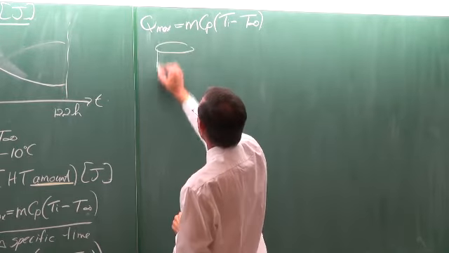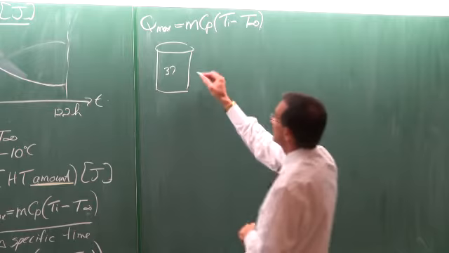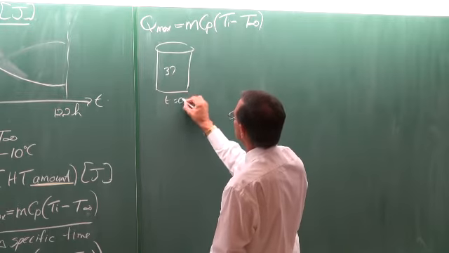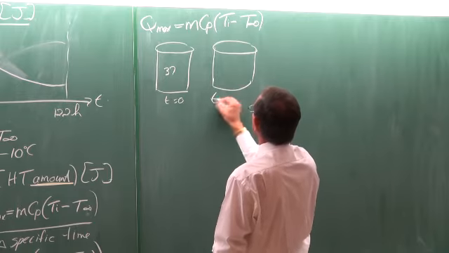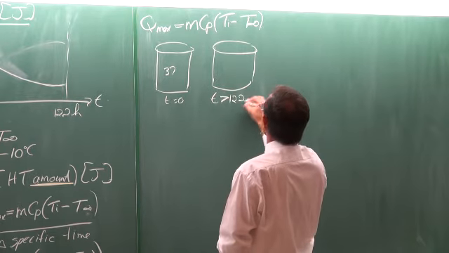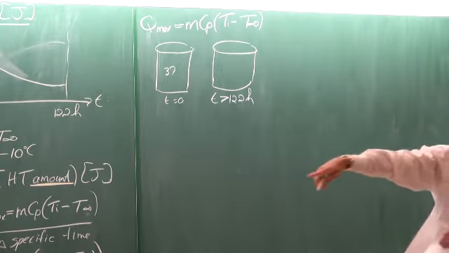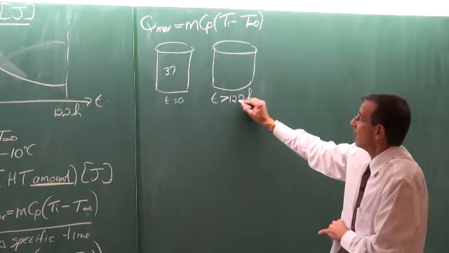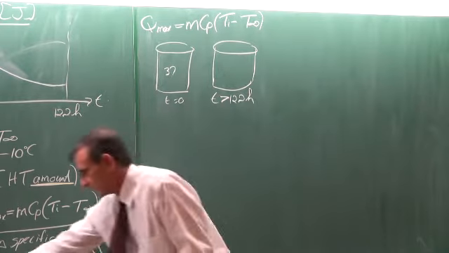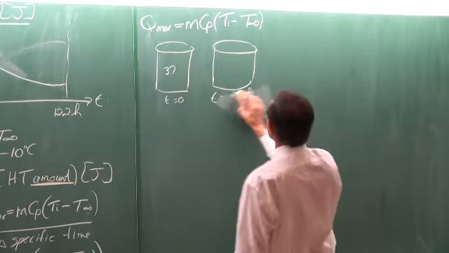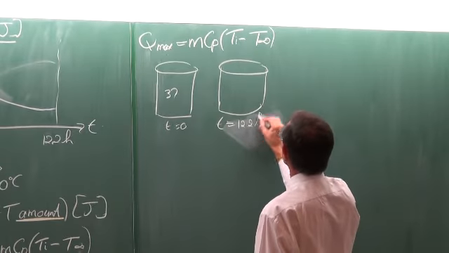It means this carcass is at 37 degrees Celsius at T equals 0, and then at a time longer than 12.2 hours. Let me do it like this. Let's say this is at 12.2 hours.